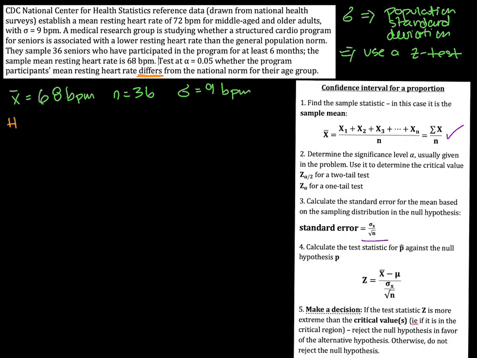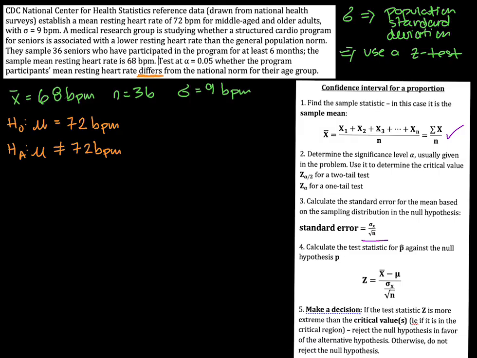So we're going to say that the null hypothesis is that the population mean is equal to 72 beats per minute, and that the alternative hypothesis is that the mean is not equal to 72 beats per minute.